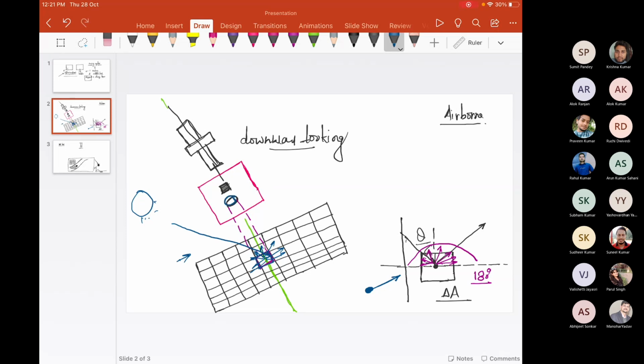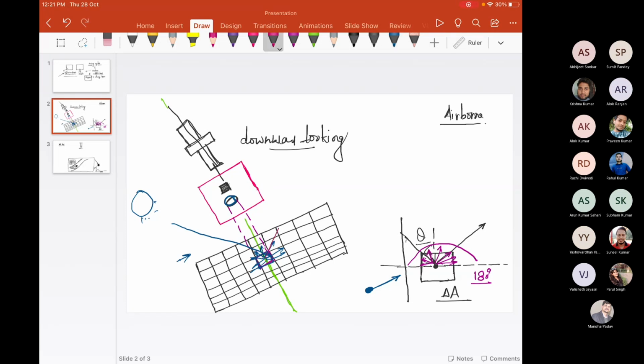Let's say what happens if the surface is perfectly specular. If the surface is very smooth, then specular reflection takes place. In that case, what happens?